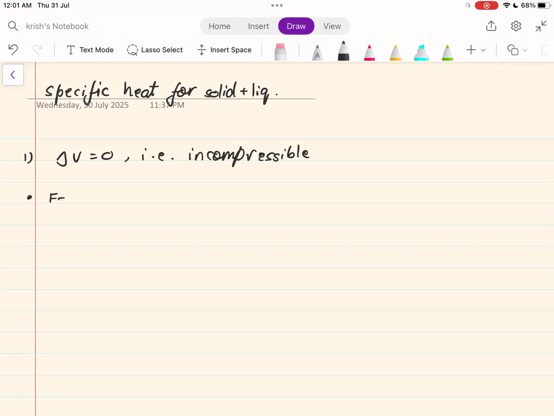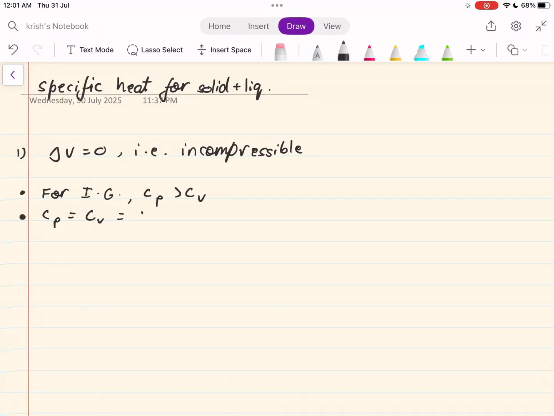So for ideal gases, we saw that Cp was greater than Cv, right? But here Cp is the same as Cv, and instead of writing Cp and Cv, we just write C, specific heat.